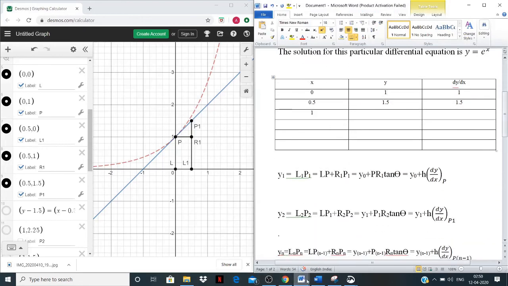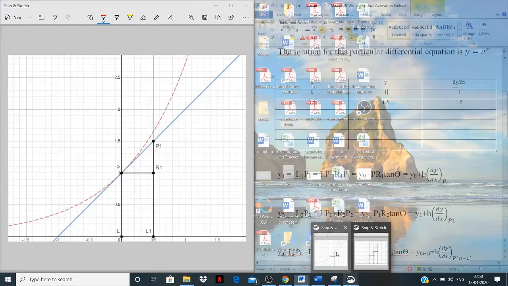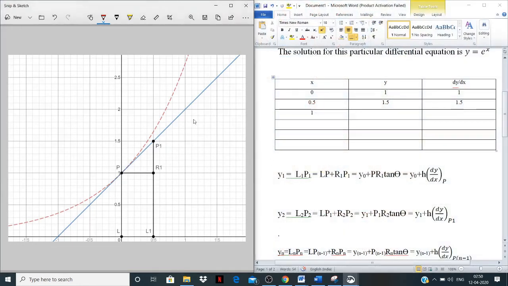Now, we have this tangent line to the curve y is equal to e to the power x. Suppose this angle is theta, and we know that this is our y naught, and we have to find the value of y1 now.